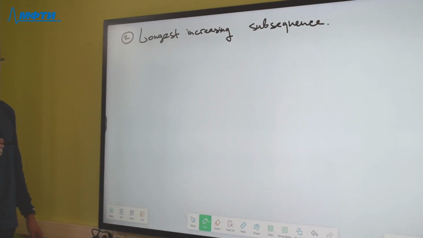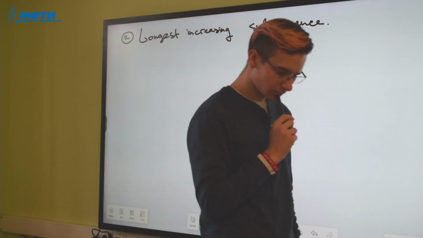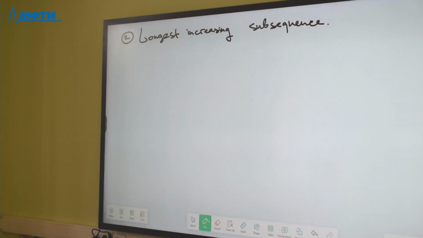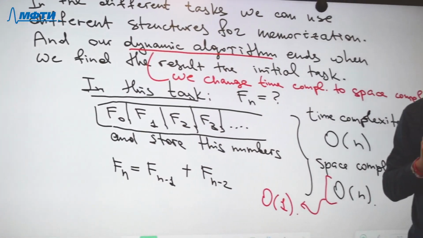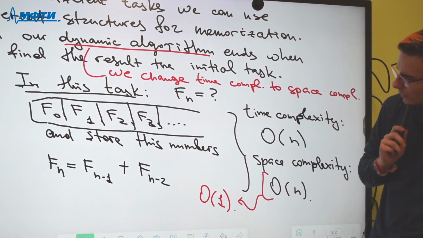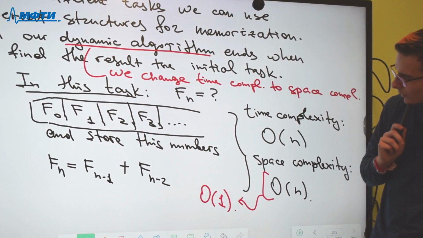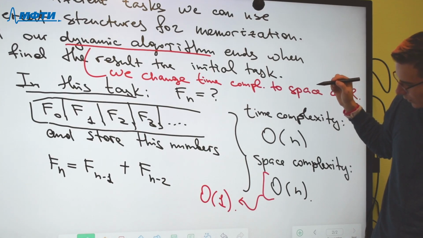Sorry, I didn't understand why we need O of n for memorization in the Fibonacci example. I didn't understand why we needed space complexity of O of n in the dynamic way.